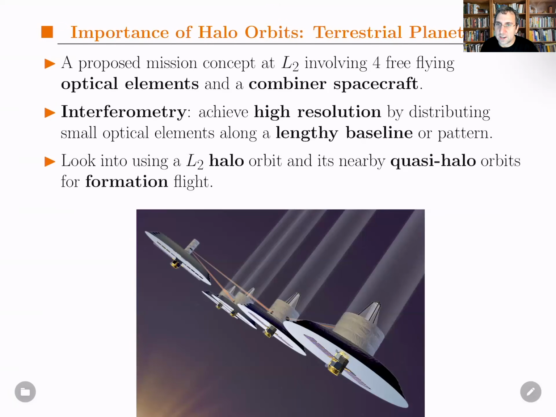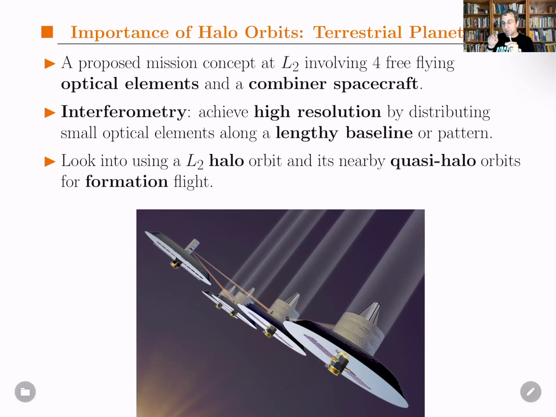Another mission concept that was going to use Sun-Earth L2 was called the Terrestrial Planet Finder. As far as I know, this isn't happening anytime soon, but it was a mission concept where there was going to be formation flying of 4 free-flying spacecraft around a halo orbit at L2.